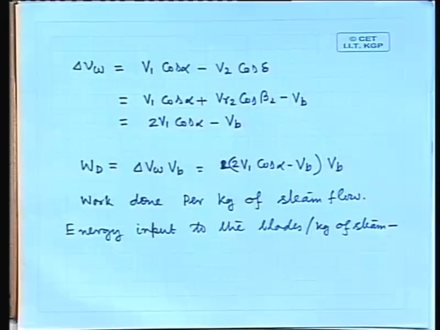Now, one has to be a bit careful here. Initially, steam is entering the blade passage with a velocity v1. So, that kinetic energy will be there. So, per kg steam, that kinetic energy will be v1 square by 2. Then in the blade, in the moving blade, there will be increase of velocity because there is expansion of steam.